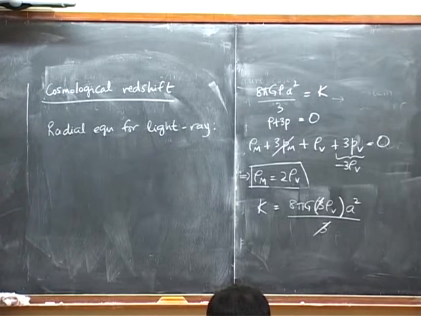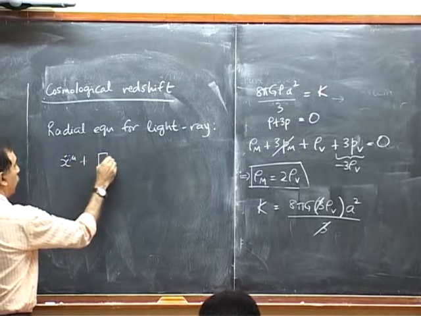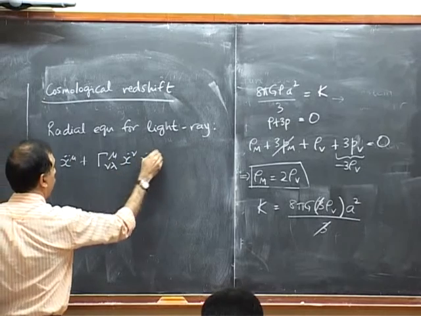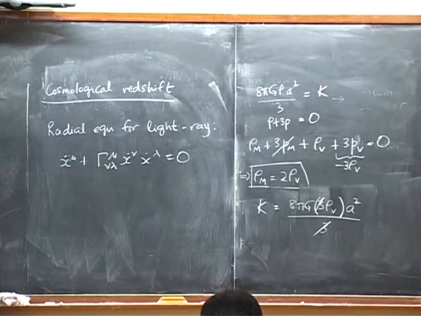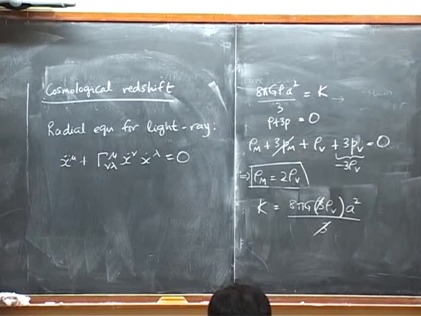Okay, the radial equation for a light ray. So of course the geodesic equation is always this. And we have to supplement it by the null condition, and then we get the equation for a light ray. Now if mu is 0, then we have time. That's the only one of interest to us.